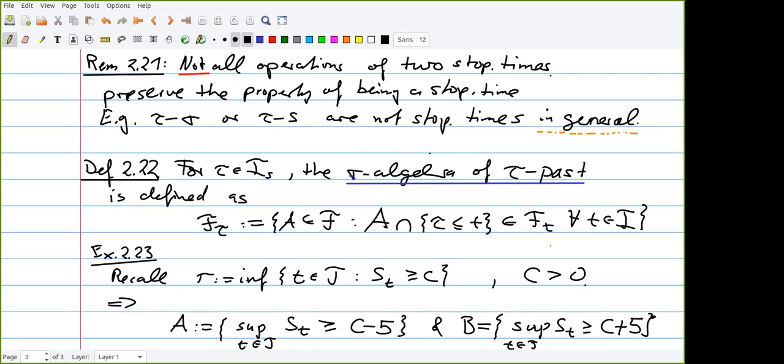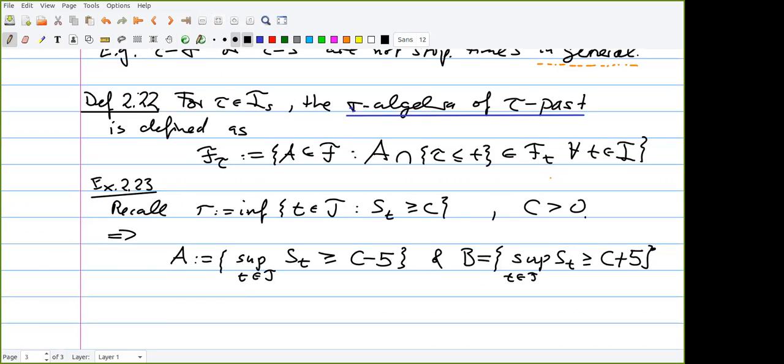But now the question from my side is, which of the events, or maybe both, A and B, are in the sigma algebra of the tau past?